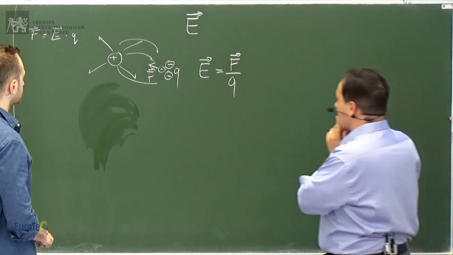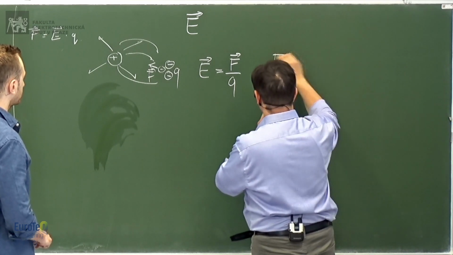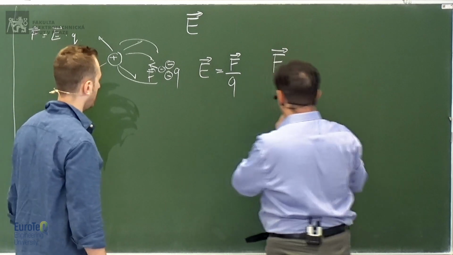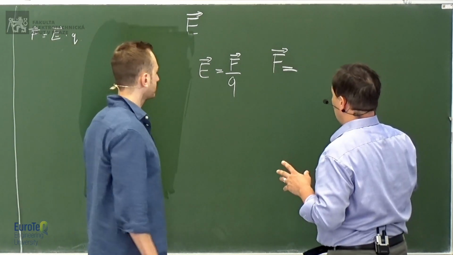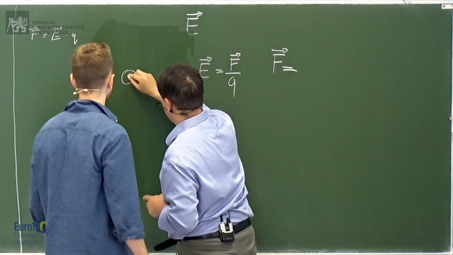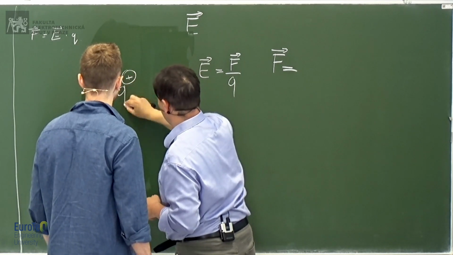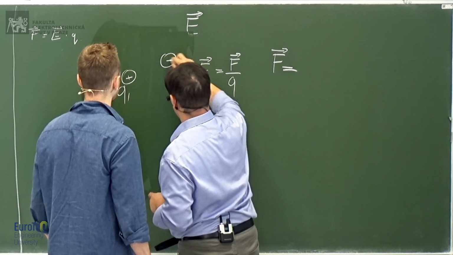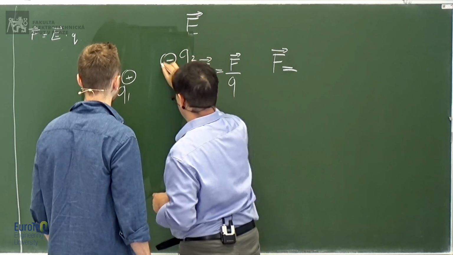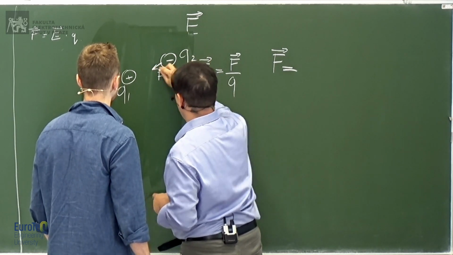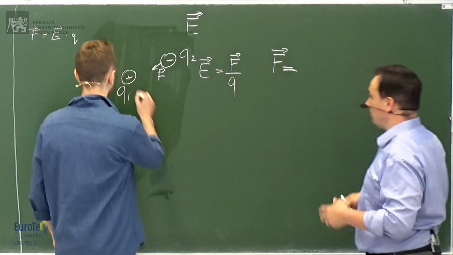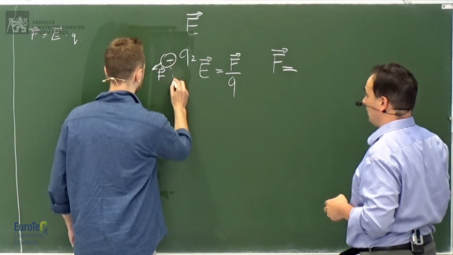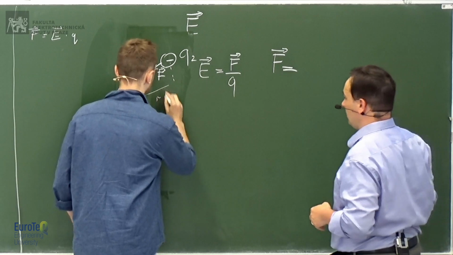So how large is this force? Do you remember? Let's say that you have here Q1 and Q2. So you will have a force which attracts the two opposite charges.